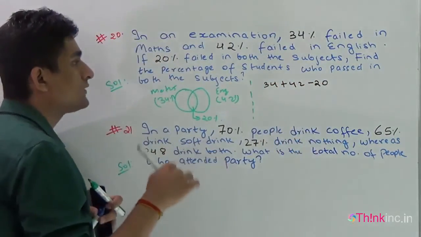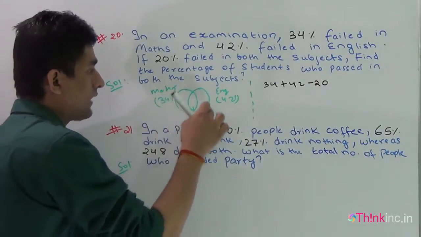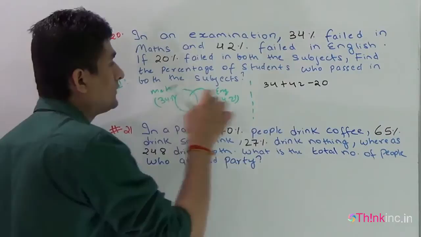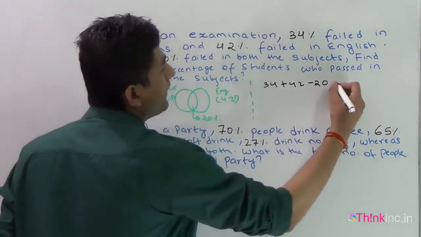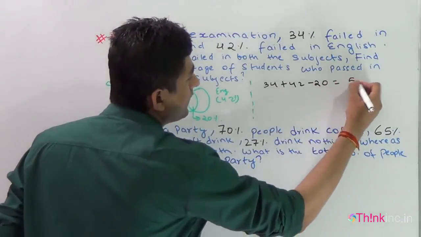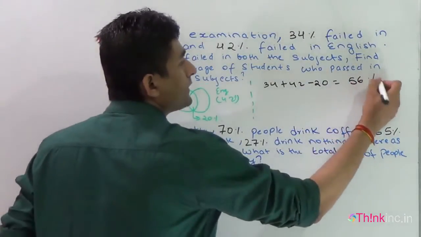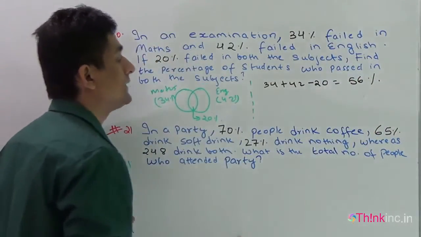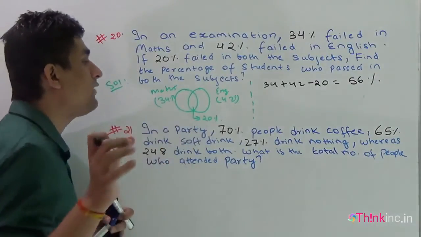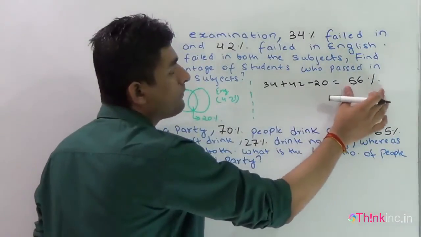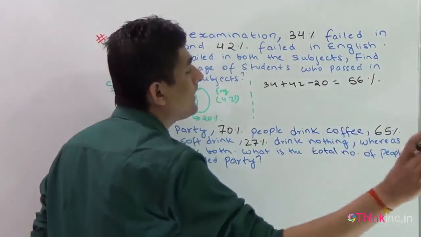If you pause that section, you can easily see that the common section comes twice, so I have subtracted it once. It will come out to be 56. Therefore, 56% of the students failed in any one of the subjects, or in both. This indicates the percentage of the students who failed in any subject.